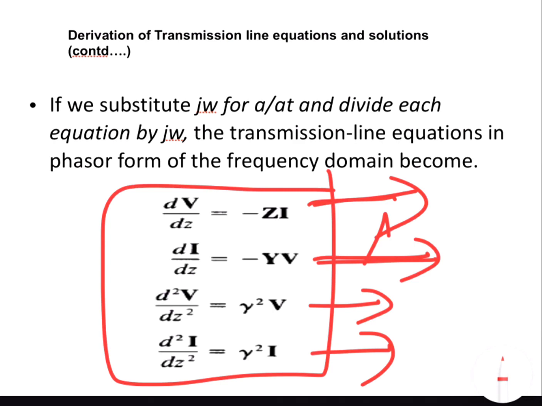So the voltage equation has minus ZI, and the current equation has minus YV, in relevance to admittance.